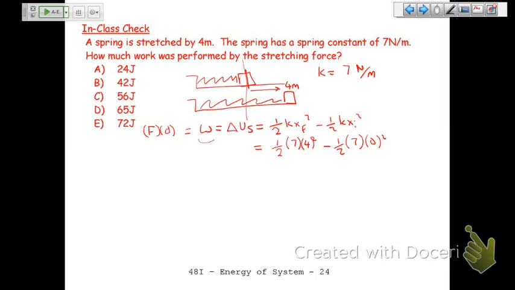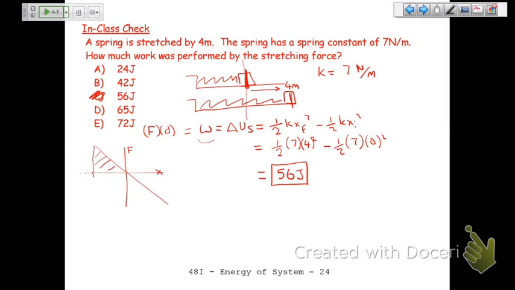It starts off with 0 displacement, ends up with 4 meters displacement, which equals 4 fours are 16, half of 16 is 8, 7 eighths are 56. 56 joules. I'm sorry, over here I was going to go on a different track and say it was the force times the displacement, but of course the force is varying. That's the thing, the force is varying.